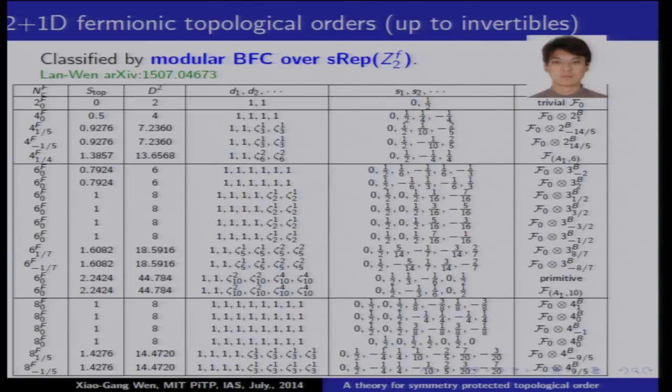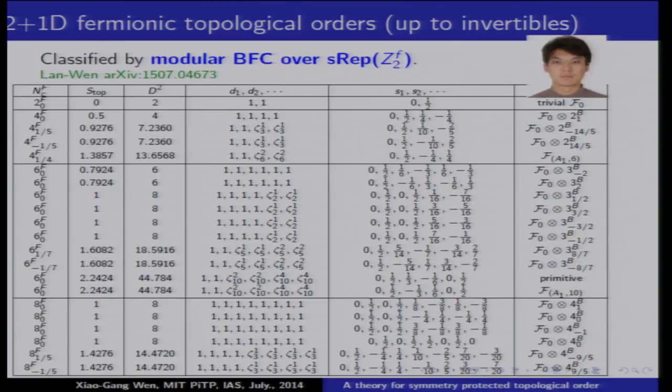But that's also a category, and there's something like a category over a category, some notion. So if you use this kind of framework, you can obtain a different set of conditions on the S and T matrix. The conditions on the S and T matrix are similar, but with some modification. And with this modification, you can just do a similar numerical search and produce this table.